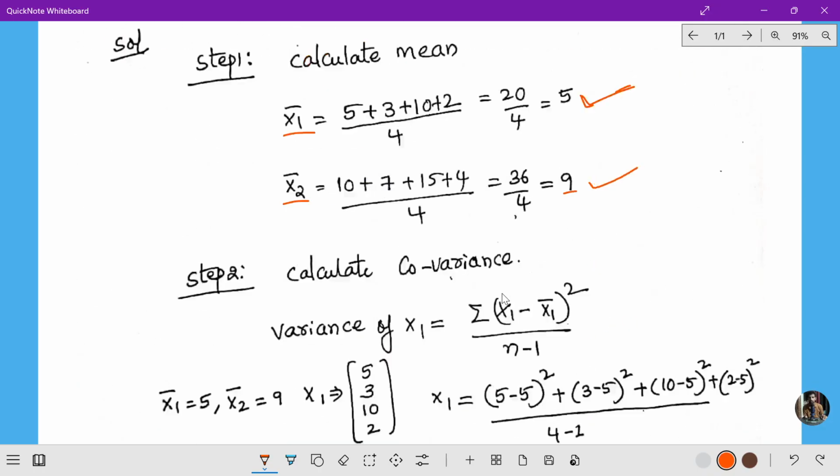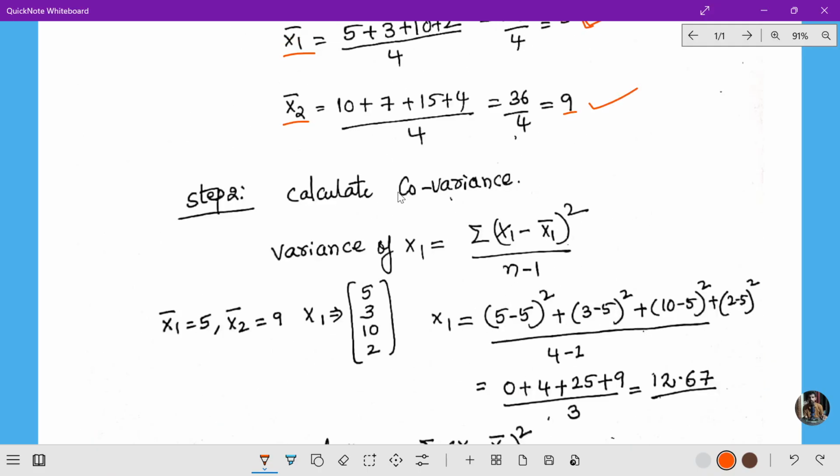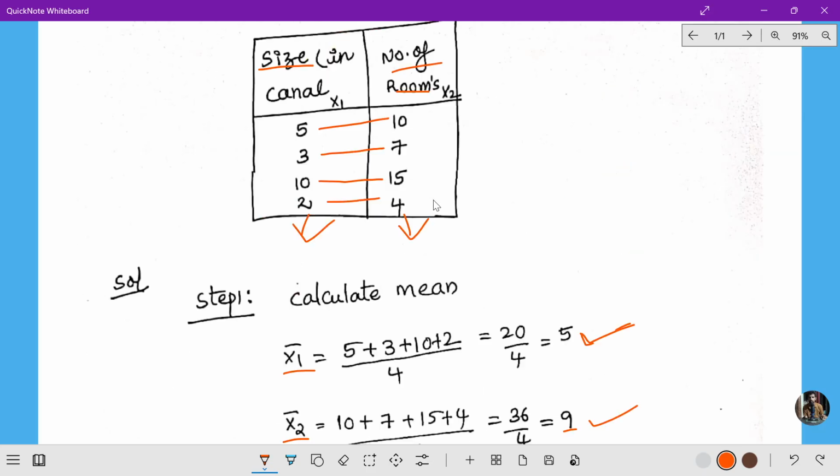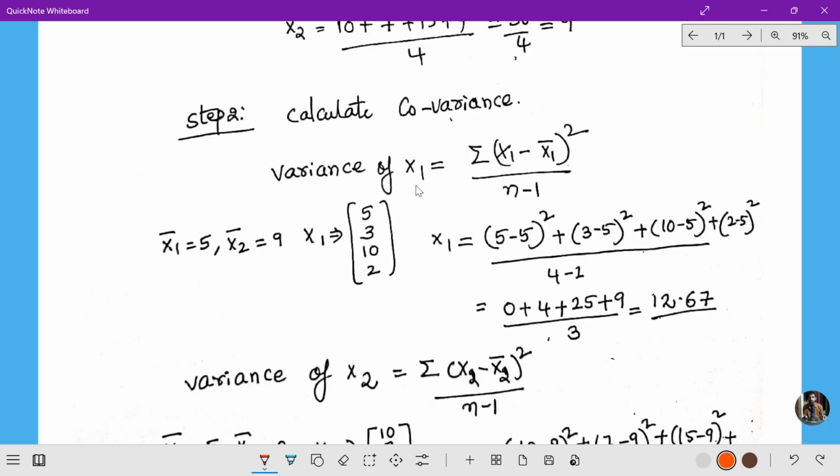In order to calculate the covariance matrix, first we will calculate the covariance. How to find this covariance? There are two variables, the first one is x1 and the second one is x2. You observe on the screen, this is x1, this is x2. First we go with x1, then we go with x2. The formula is x1 minus x1 bar whole square. Here x1 bar is 5, x2 bar is 9.